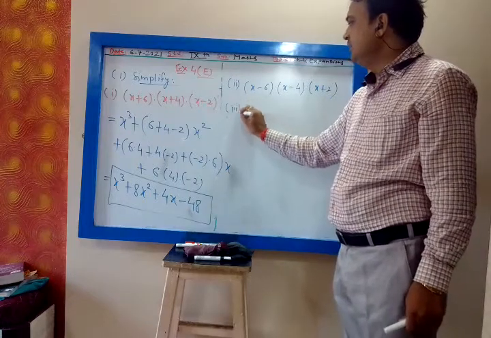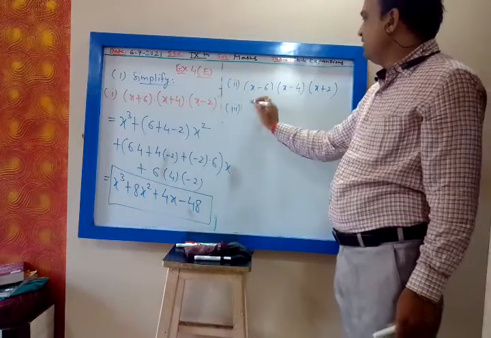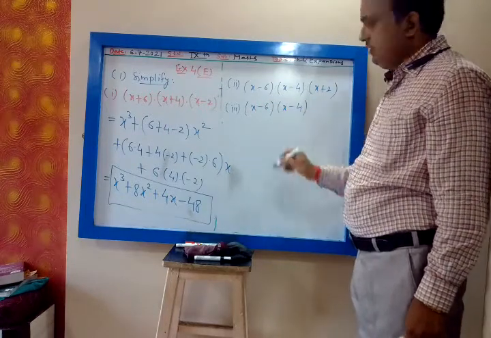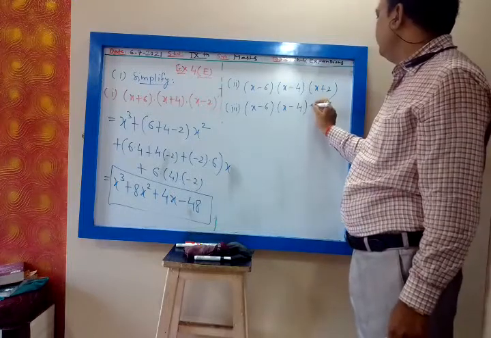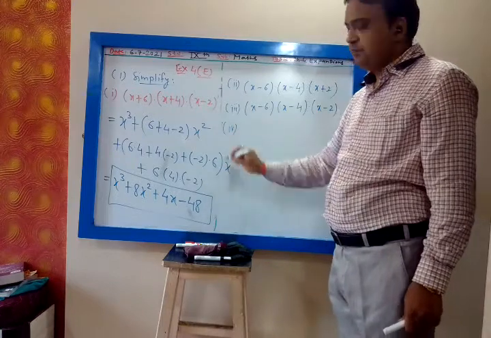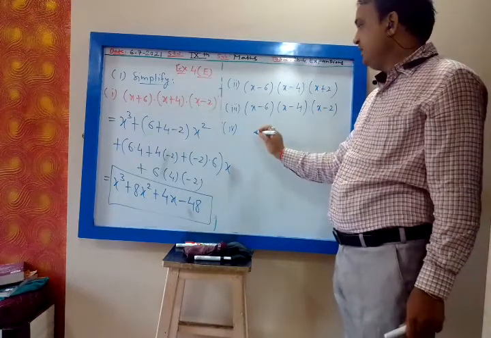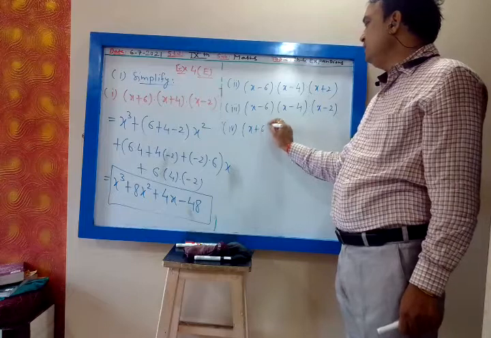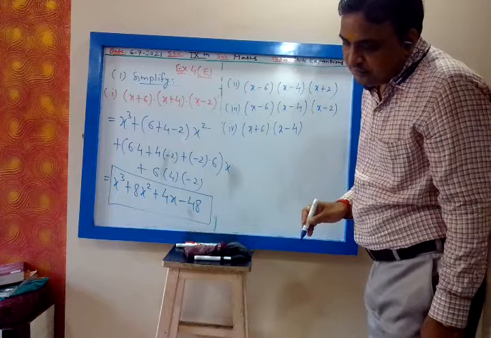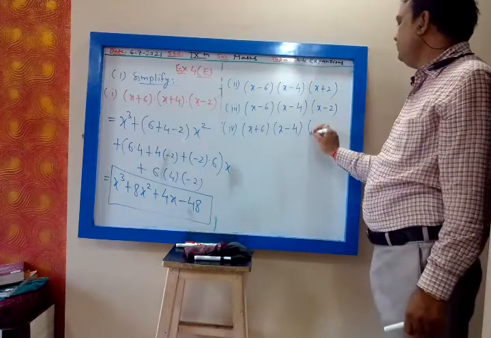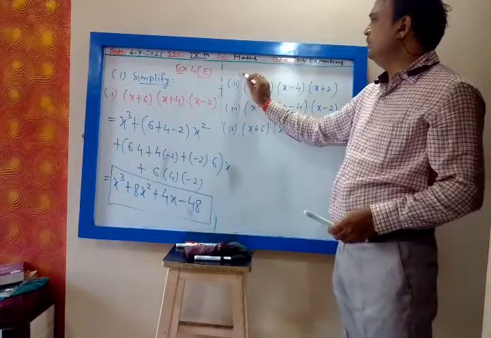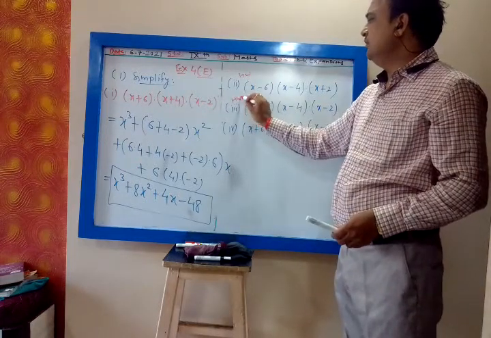Now third, x minus 6 into x minus 4 into x minus 2 into x minus 2, homework. Then the fourth one, x plus 6 into x minus 4 into x minus 2. So all these three are homework. You can do it easily.